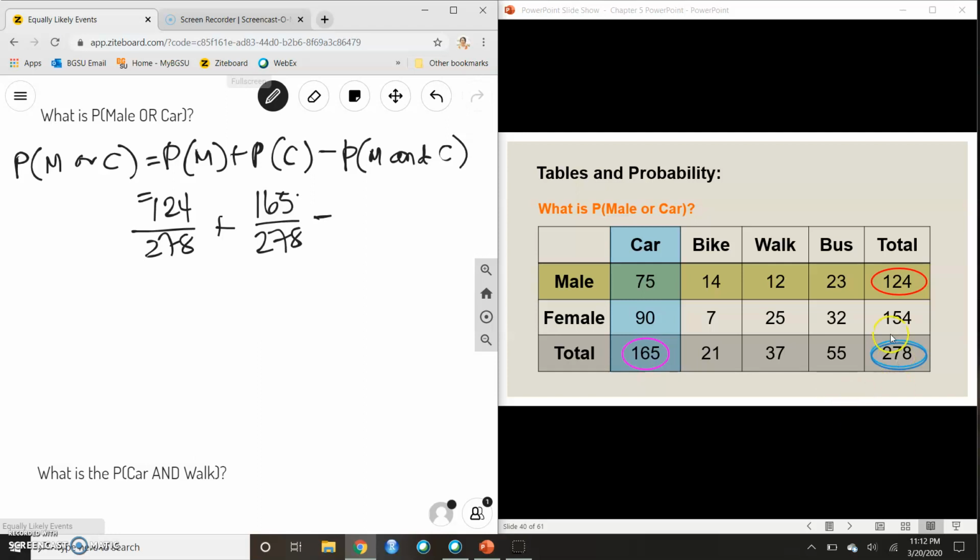Minus their intersection. So male and car intersect at 75 out of 278. Okay, so after you solve that through, your final answer should be 214 out of 278.